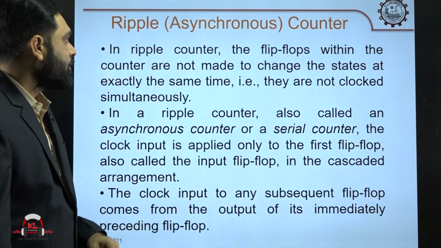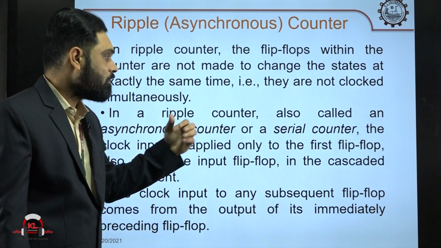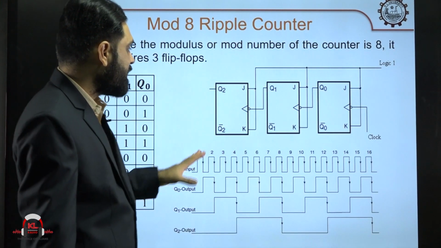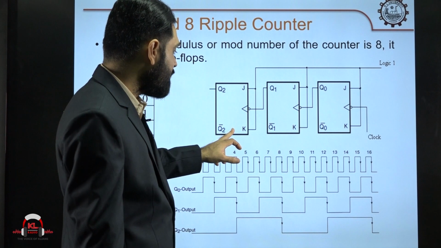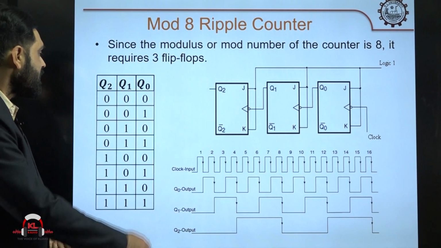So, first we will see the ripple counter. Asynchronous counter, another name is ripple counter. So, how to construct this, we will see with a ripple counter. Just look at this arrangement. Here 3 JK flip flops are taken, I want to construct this particular operation. So, what is that operation?